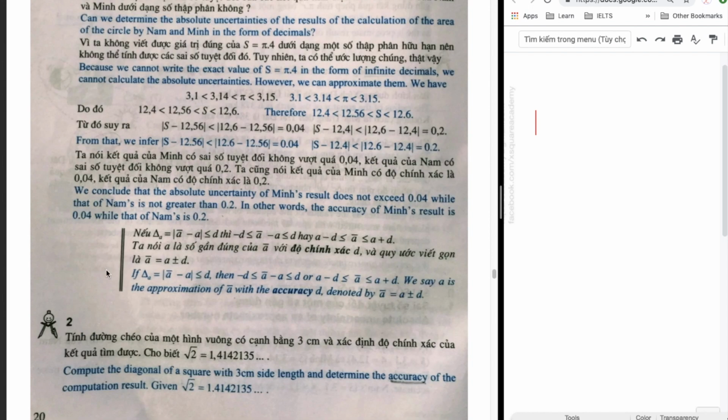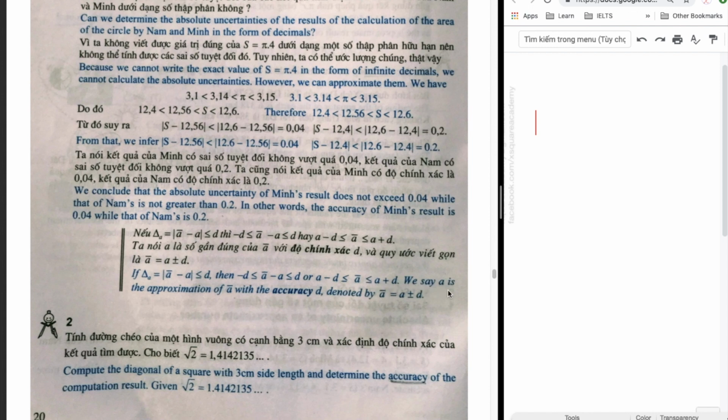The conclusion: if delta a equals the absolute value of a prime minus a is less than or equal to d, then negative d is less than or equal to a prime minus a, and a prime minus a is less than or equal to d, or a minus d is less than or equal to a prime, and a prime is less than or equal to a plus d.